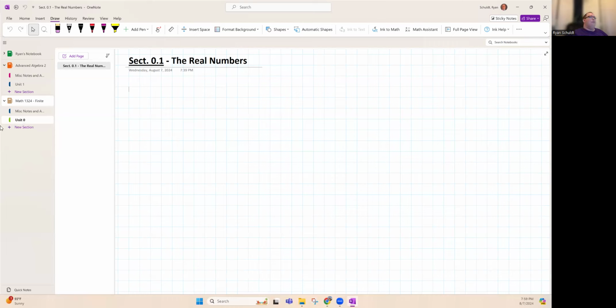So, anyways, section 0.1, the real numbers. We're going to start off by kind of drawing a diagram, if you will, of all the different numbers that we have within the real numbers. So start by drawing a big box.